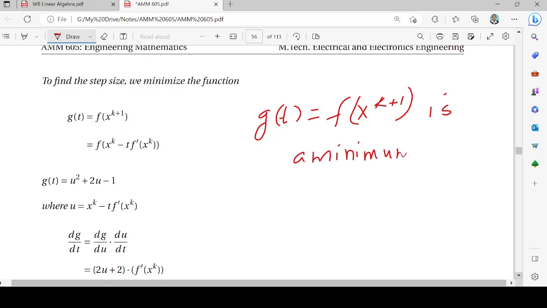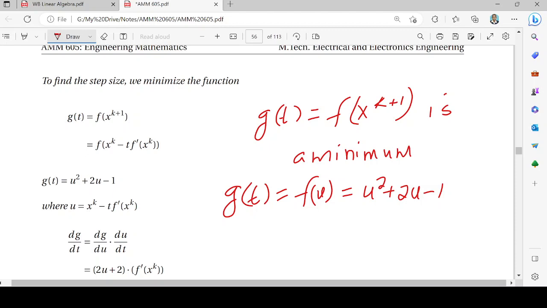When we want to minimize a function, we differentiate this function with respect to the variable, which in this case is t, equate the derivative to 0, and solve the resulting equation. So we can write g of t is equals to f of u, which is equals to u squared plus 2u minus 1.